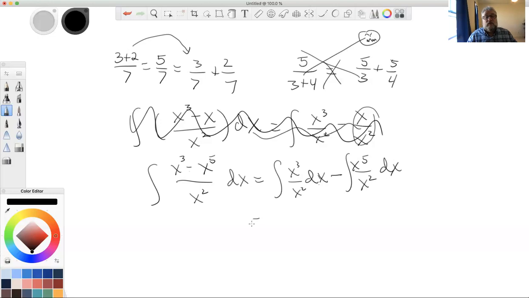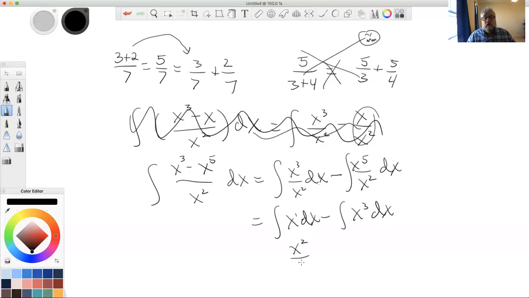Now we do a little simplification. X cubed over x squared is x. X to the 5th over x squared is x to the 3rd. Integral of x to the 1st power, n is 1, x to the n plus 1 over n plus 1.